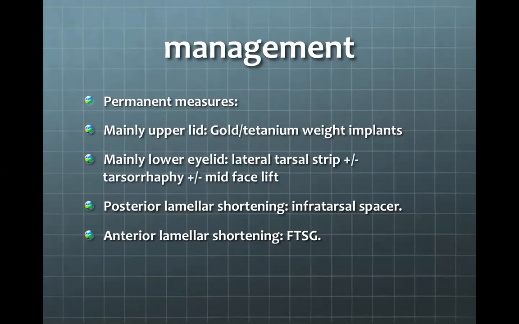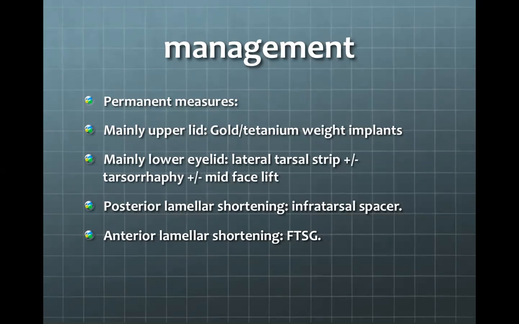Then after 6 months, you assess the patient again, and you can go for permanent management. If there is mainly an upper eyelid problem, lagophthalmos and exposure because of lagophthalmos, you can use gold or titanium weight implants in the upper lid.